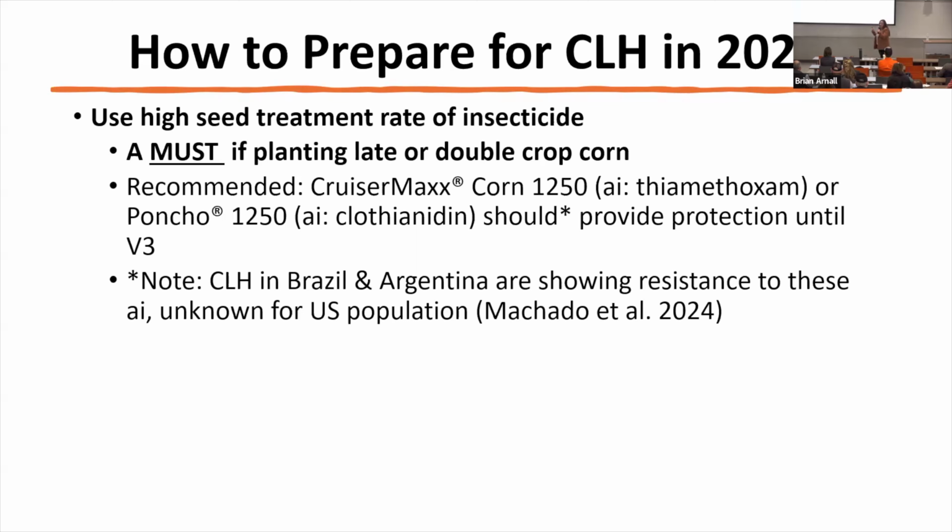Yesterday when Steve, the person from Tennessee, my colleague, was talking, he shared that Poncho seems to have better rain resistance, so if you have a rain come in, it's not going to wash away completely or as quickly. It has a little more staying power. It seems like 2 to 3 weeks is what you can expect in terms of protection from these seed treatments, but it's a really good way to get things started for you.